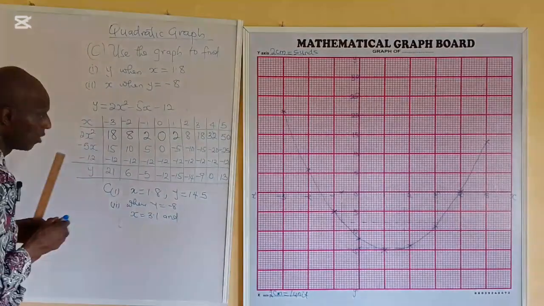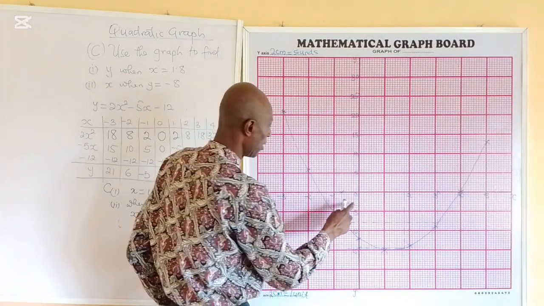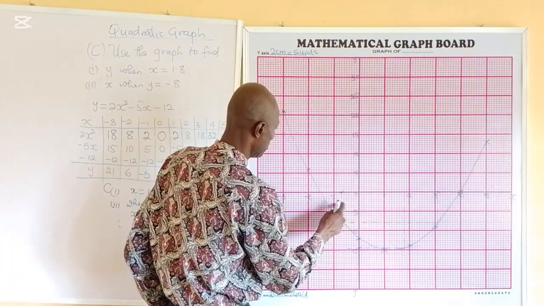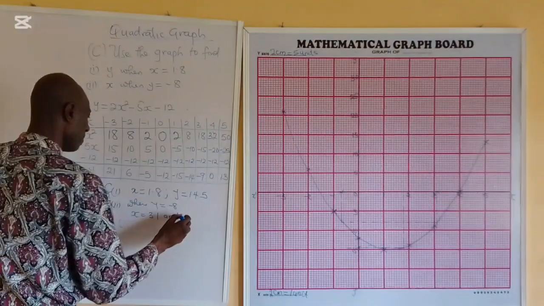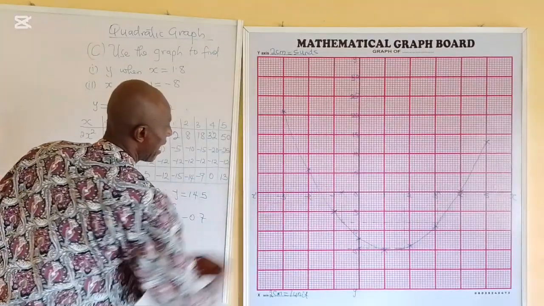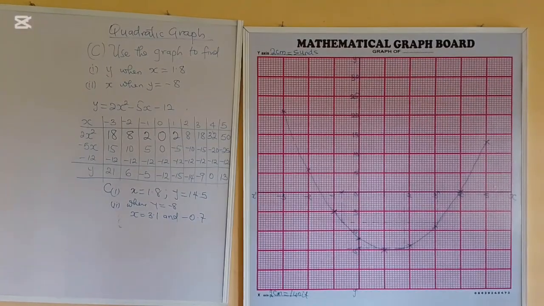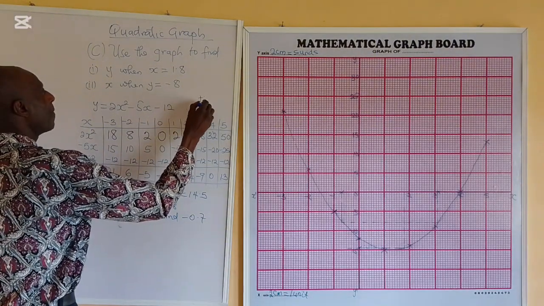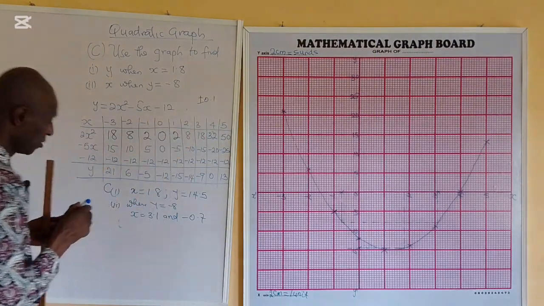And then, let's come to this other side. 0, 0.1, 0.2, 0.3, 0.4, 0.5, 0.6, 0.7. Well, this is the negative side, minus 0.7.